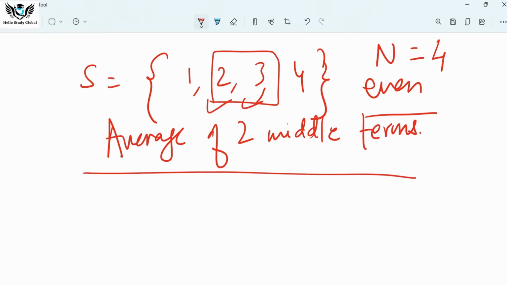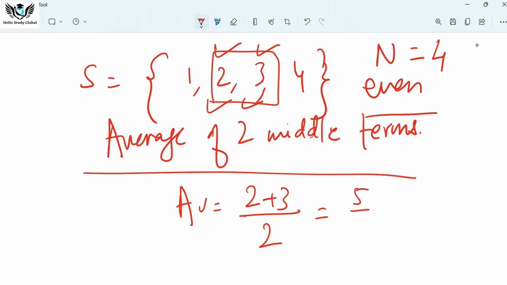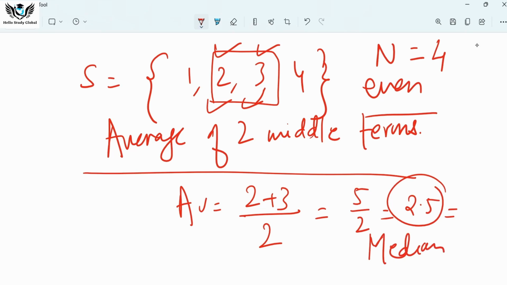How do we calculate the average? Average is the sum of terms, 2 plus 3, upon the total number of terms. 2 terms are there, so (2 plus 3) by 2, that is 5 by 2. So 2.5 would be your required median.